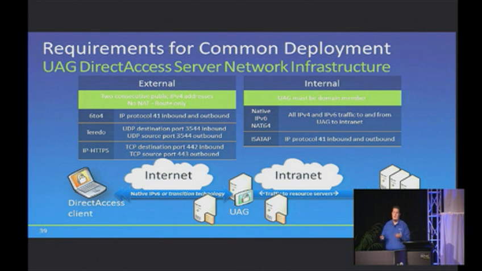Otherwise, the Kerberos authentication and the things you are doing with IPsec are just not possible. So the UAG must be a member, and there must be a connection to your internal resources as well. But as long as the network works and the protocols and traffic are going there, you're able to do whatever you like.